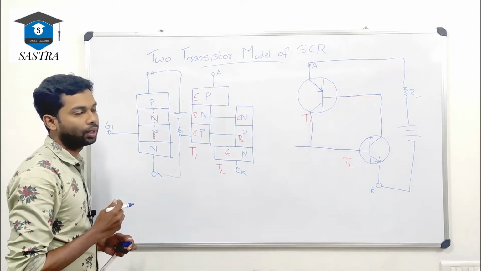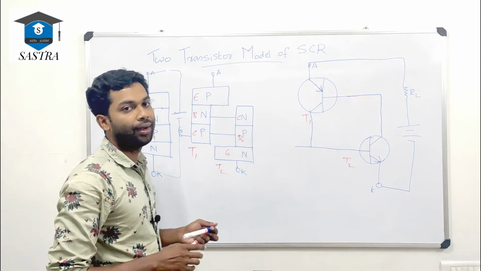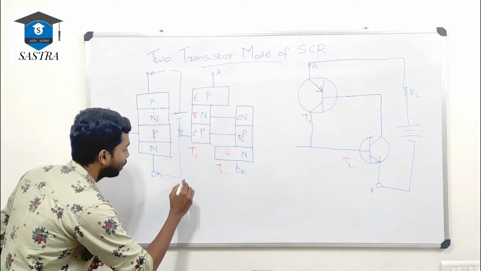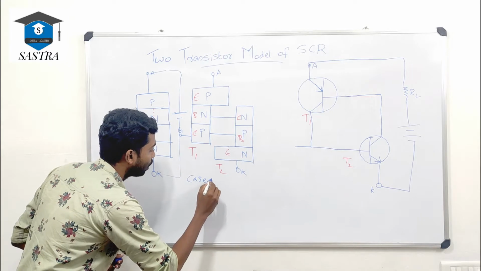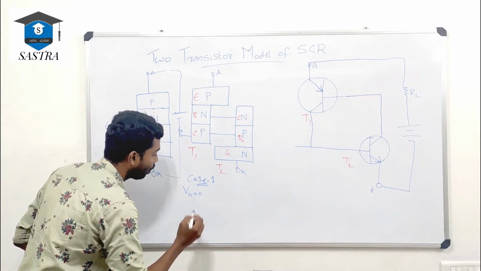Then, in forward bias, we have two cases. Consider case 1, when the gate voltage is 0.